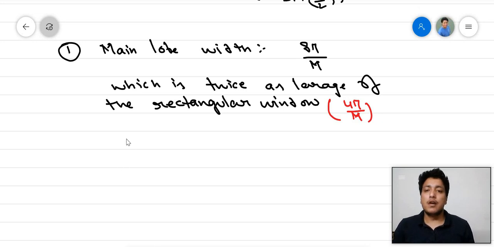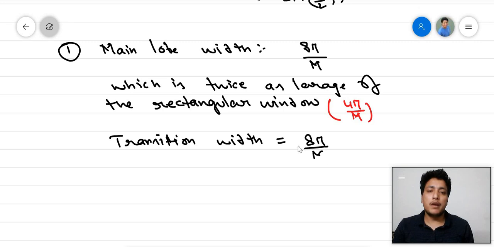That means the transition width is also approximately equal to 8 pi by M.